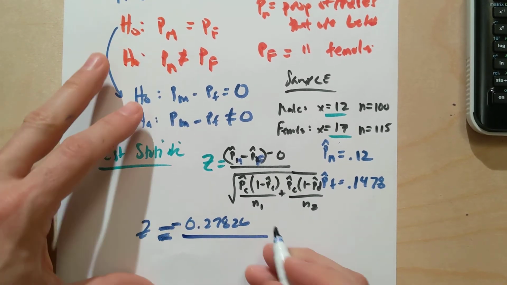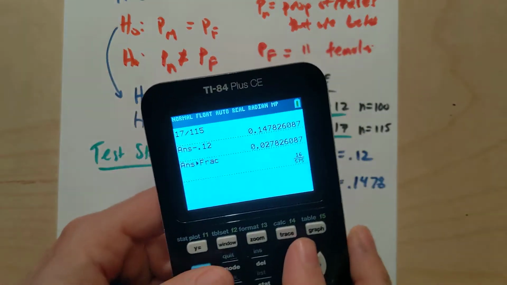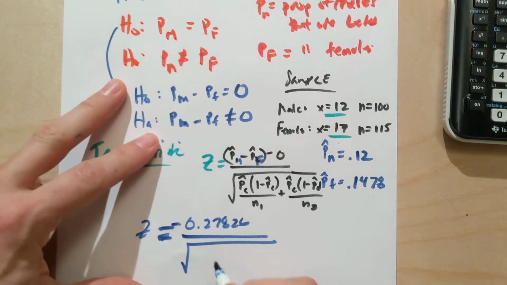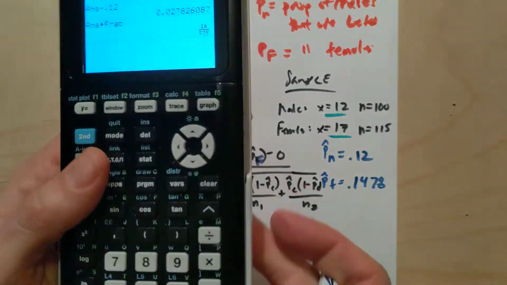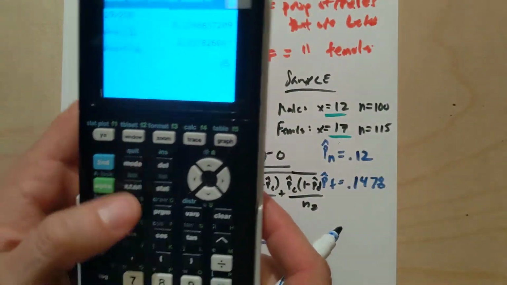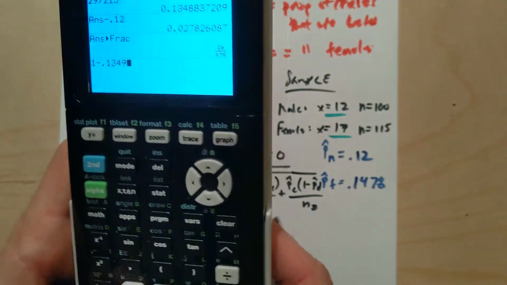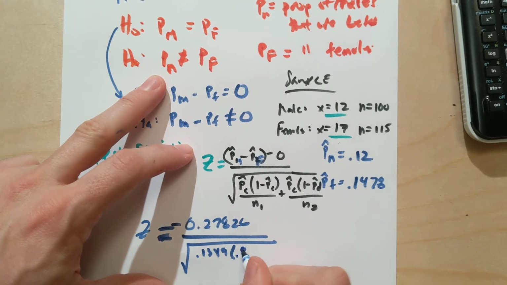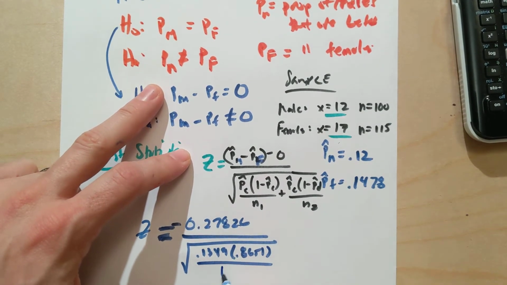Then I'll do a big square root, and take our estimate for p hat, 0.1349, times 1 minus 0.1349, which I got as 0.8651, all over my first sample size, which was 100.